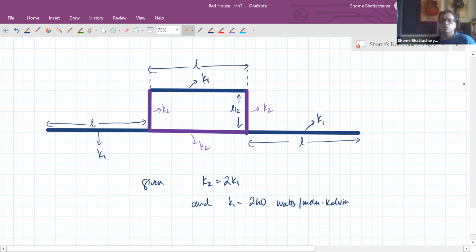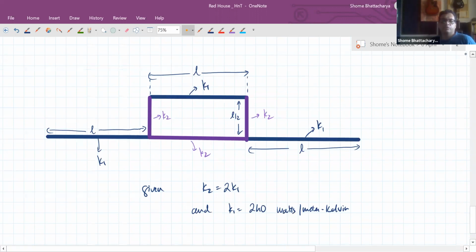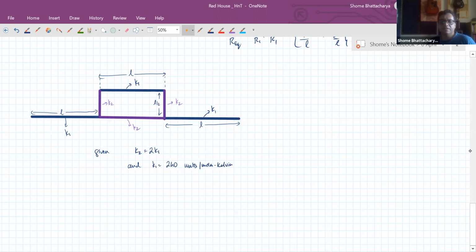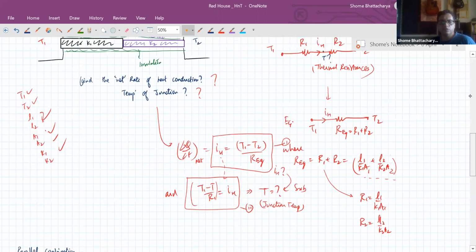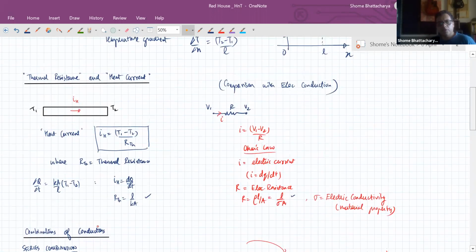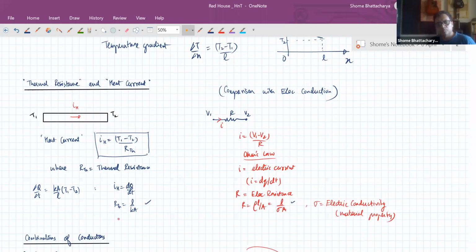Oh, before I come to this question, let's just go back for a minute to the basics and understand the unit of thermal resistance. Okay, so just a moment. Coming back here, so let's just add this point. SI unit of thermal resistance, it is Kelvin per watt.